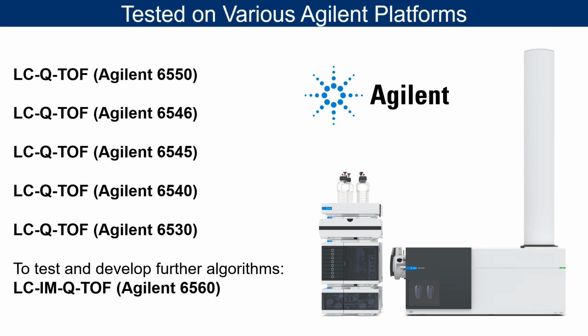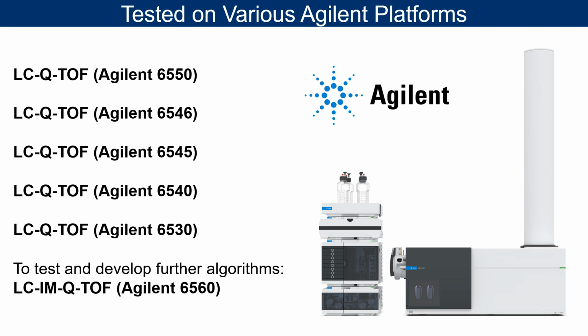For Agilent, we have tested the software against almost every single QTOF in the product line, and we've found that irrespective of the QTOF used, we get comprehensive annotation of the PFAS chemicals in our samples, as well as accurate annotations, and we'll look into that further.